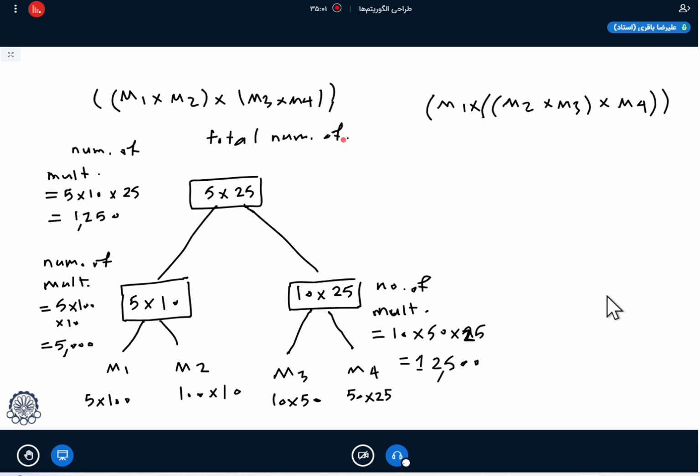Okay, the total number of multiplications will be, we have 5,000 here, 12,500 here, 1,250 here.